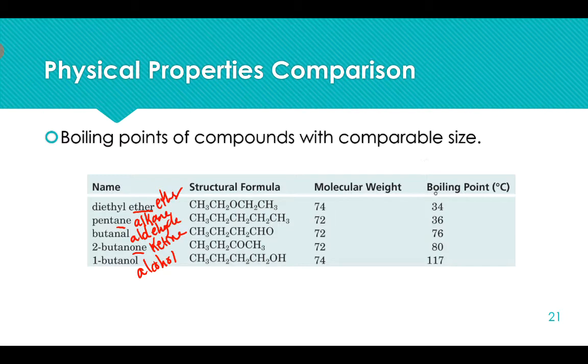So we can see the trend here, and you'll see that the diethyl ether and the pentane are fairly similar in their melting point and boiling point, and with the bulkiness of the two carbons on either side, the bent nature of this, it's just not enough to cut it and make it a little bit higher.